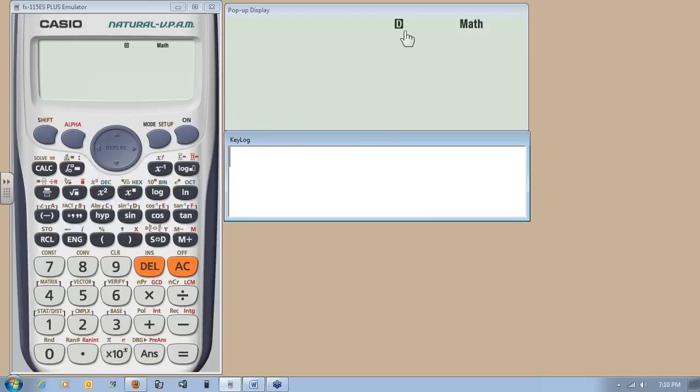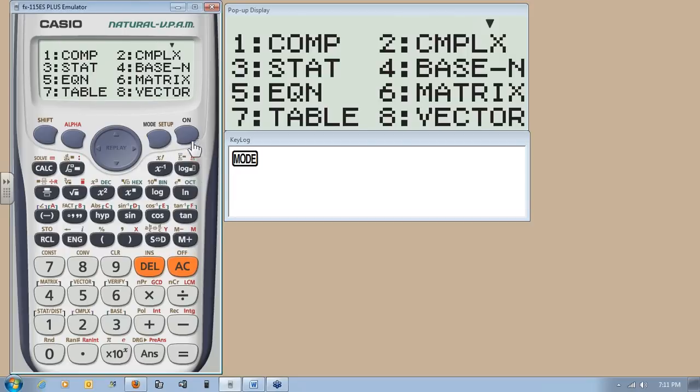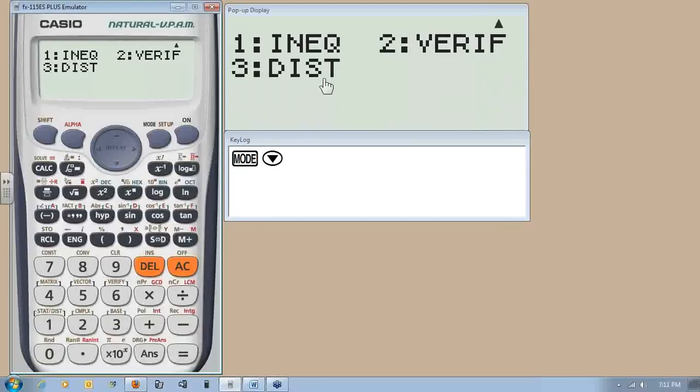So first off, my status bar says I'm in math mode. If I want to change the mode, the way you do that is you press the mode button, which is one of these buttons right up here at the very top. It also says setup, but setup is a brownish greenish color. So I'll press mode. I want to make sure I'm in mode 1. Let me see what else we have. We have distributions for statistics, verify, which is a very nice menu.